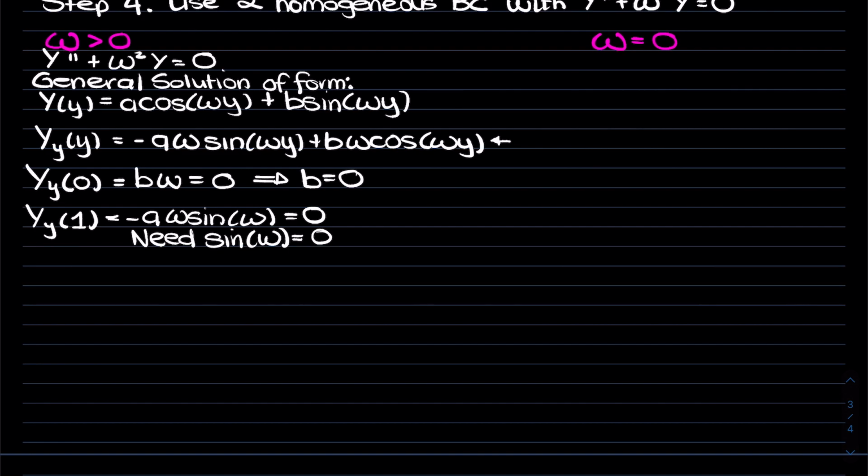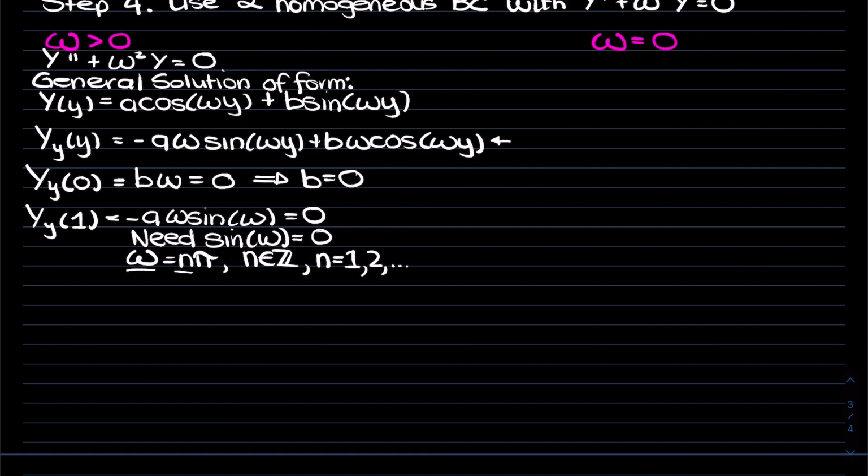And we know sine equals 0 when we set lambda equal to n pi, where n is an integer and it starts at 1, 2, and so on. It doesn't start at 0 because we're doing the case for lambda greater than 0, so we're starting at 1, 2.